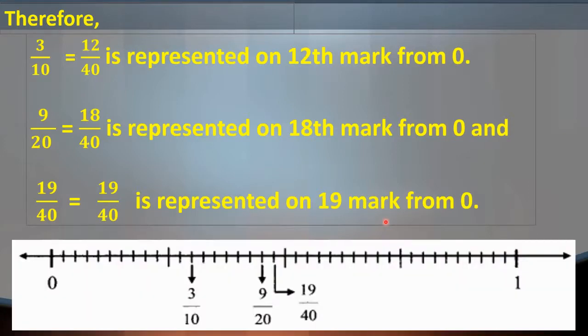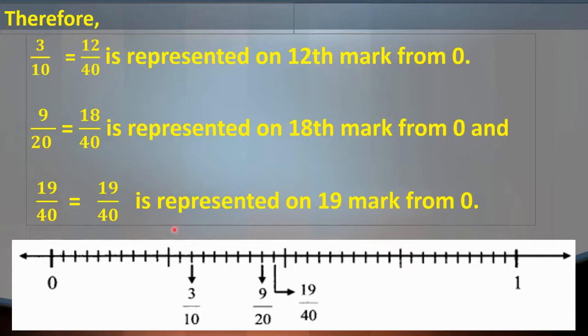So on this number line, first we will divide 0 to 1 into 40 equal parts, and 12/40 represents 3/10 on 12th mark from 0.